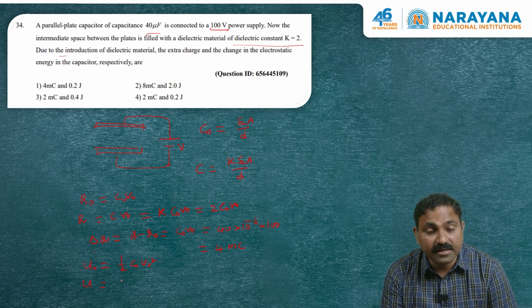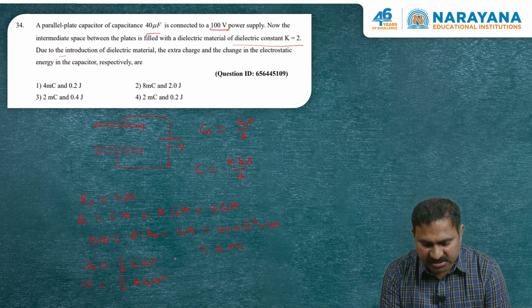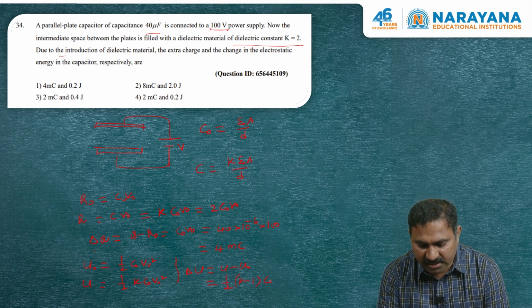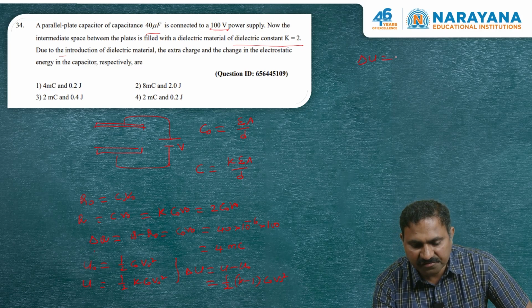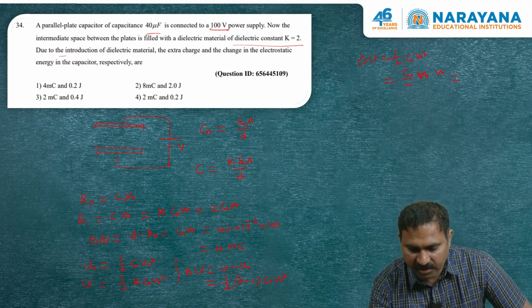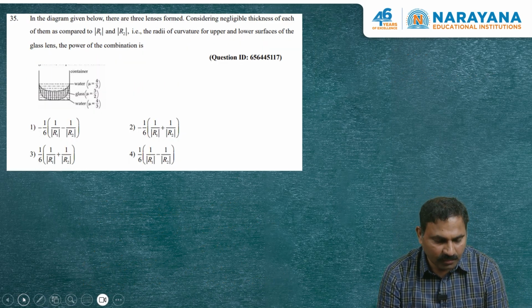After introduction of the dielectric material, the energy stored will be half K C naught V naught square. So the extra energy delta U equals U minus U naught, which is half K minus 1 times C naught V naught square. It comes out numerically to half C naught V naught square, so this is C naught by 2 V naught into V naught. So it will be 0.2 joules. So it is given by option 1. Let us go to the next question.